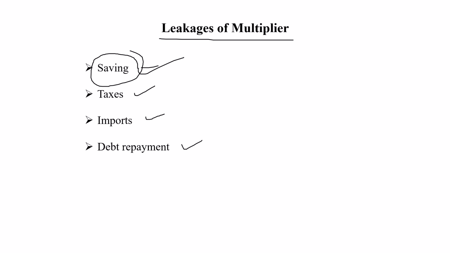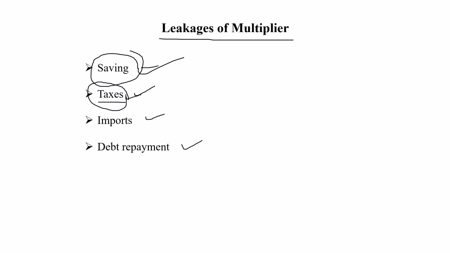And next is taxes. Suppose a person has to pay more taxes, and then disposable income will be reduced. He won't spend on consumption purposes.